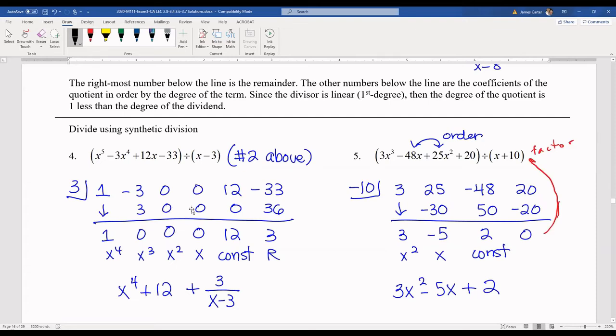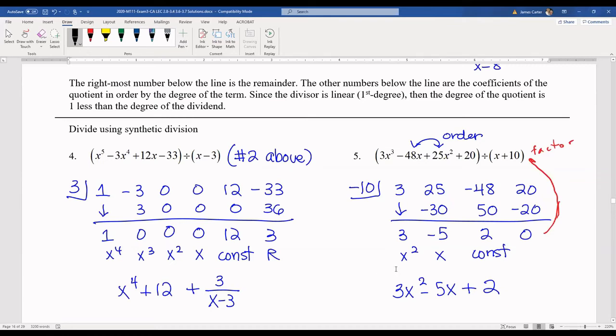Multiply, add, multiply, add, multiply, add, multiply, and remainder 3. So that gives us x to the 4th plus 12. We don't have to show the 0 terms, plus 3 over x minus 3.